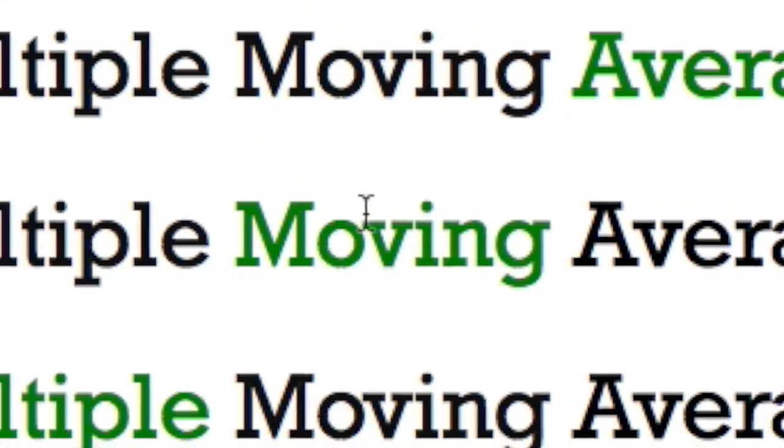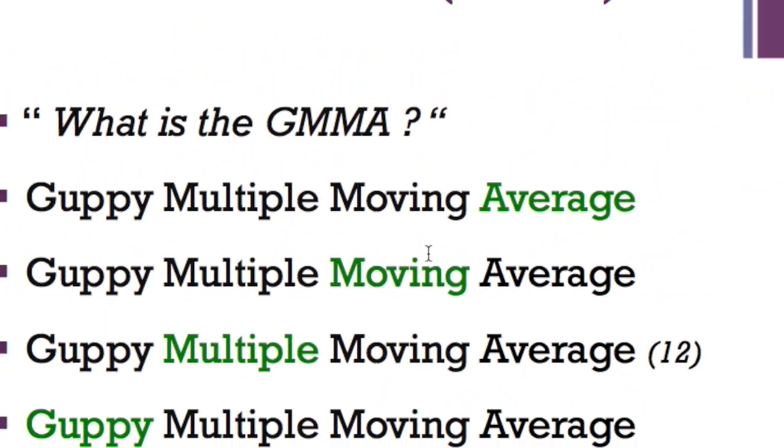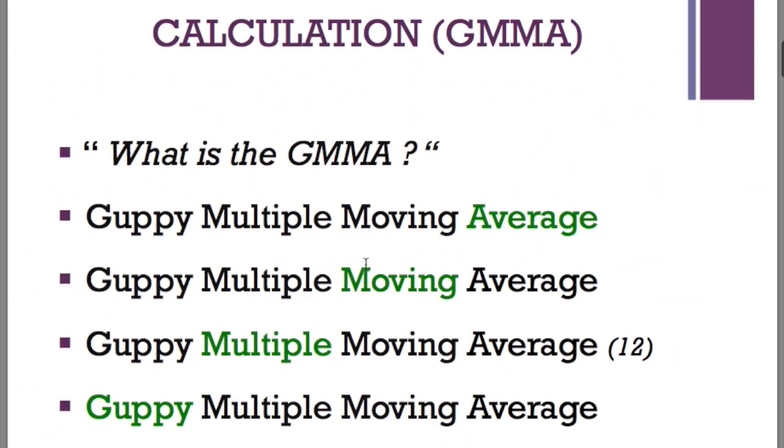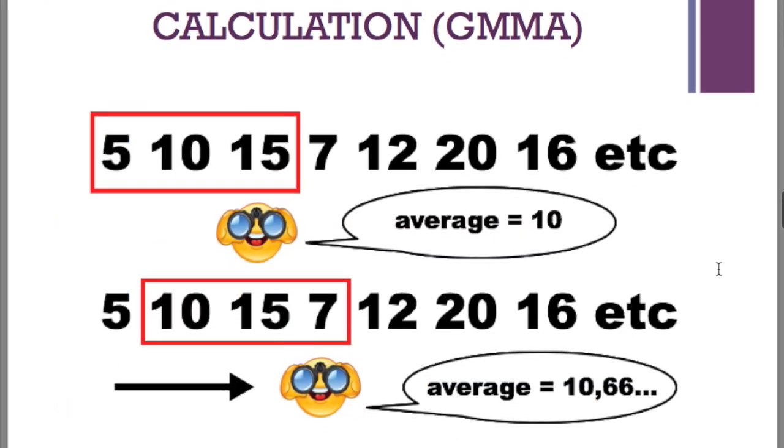Then the second thing I need to explain to you is moving. The Guppy Multiple Moving Average: an average that will move in space, will move in time. Again, you look at these 3 values, 5 plus 10 plus 15 divided by 3, so the average is 10. And then you move one step to the right.